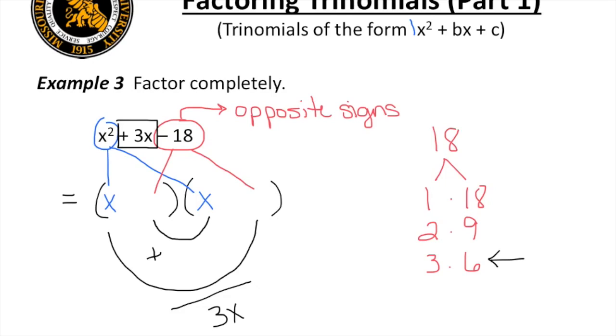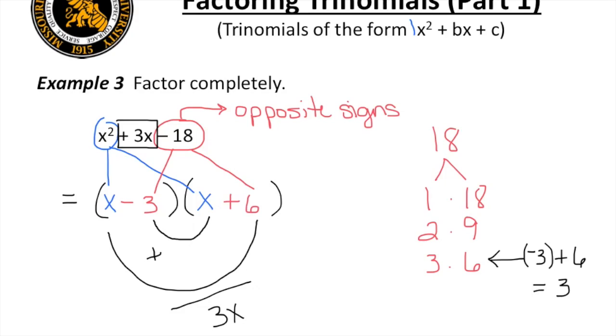So let's take a look at the last factor pair, 3 times 6. Notice that we can get a positive 3 by adding a negative 3 plus 6. Opposite signs, which will lead us to the negative 18 when we multiply. But when we add, notice we get the positive 3 that we need. So let's try placing minus 3 and plus 6 into our binomials.